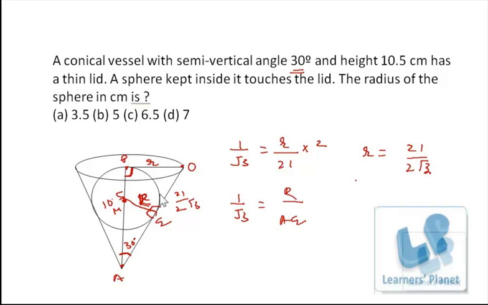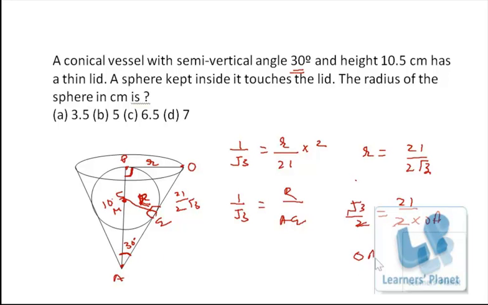Okay, and similarly we can find out the complete length OA. This OA is the hypotenuse and AP is the base. So for base and hypotenuse, the relationship is given by cos theta. So cos 30 degree, that is root 3 by 2, is equal to 10.5, that is 21 by 2, divided by OA.